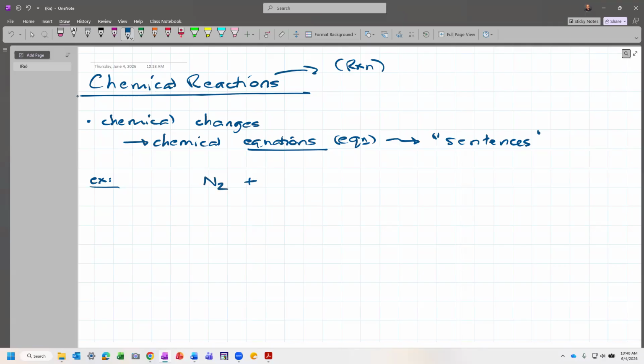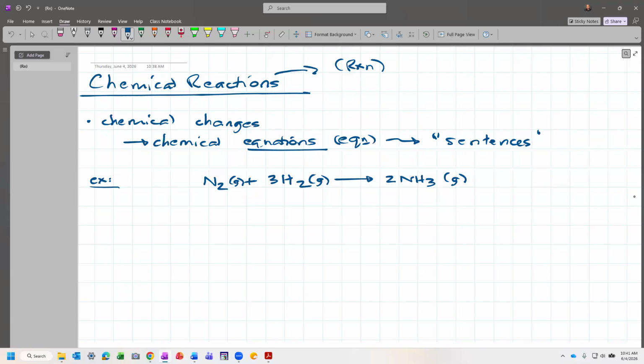We have N2 plus H2 to give NH3, and then we have some other things thrown in here as well. This is what a typical chemical equation is going to look like, and it represents the reaction for the production of ammonia, which is NH3 over on the right side, when we react nitrogen and hydrogen together.